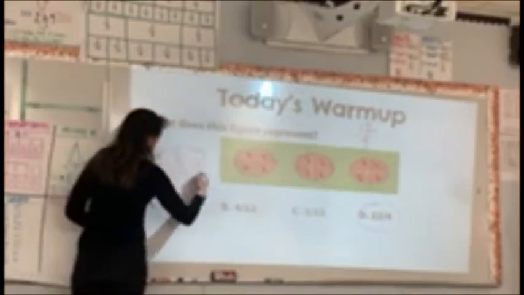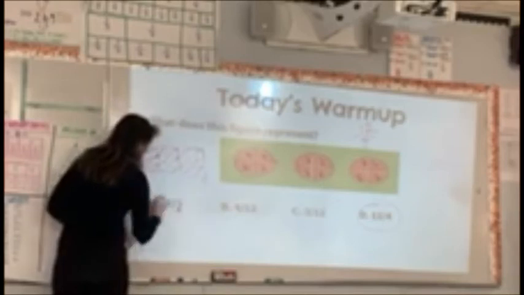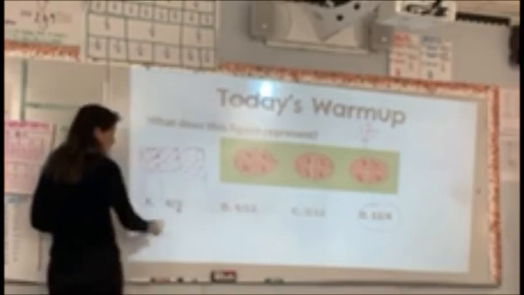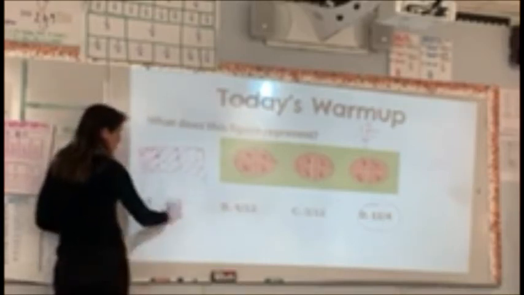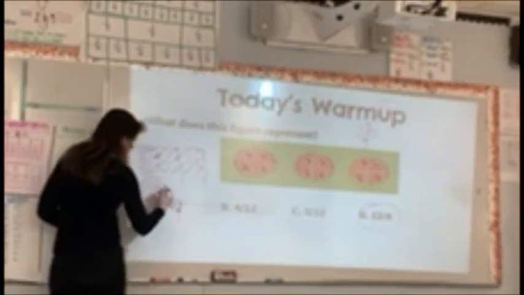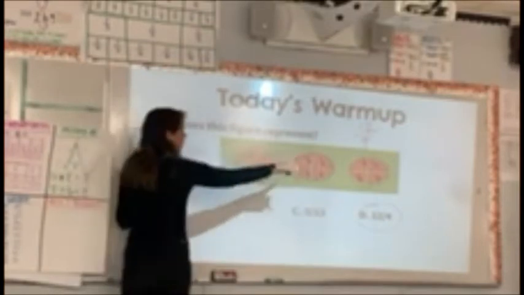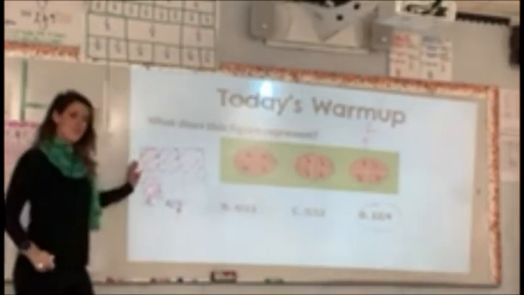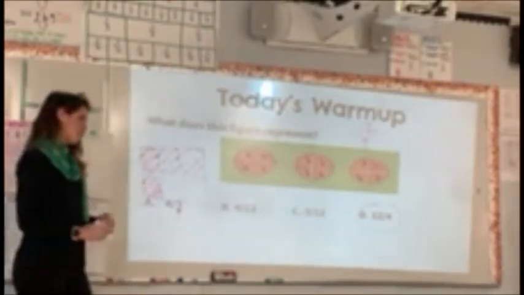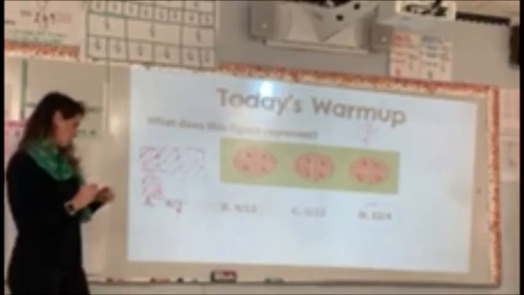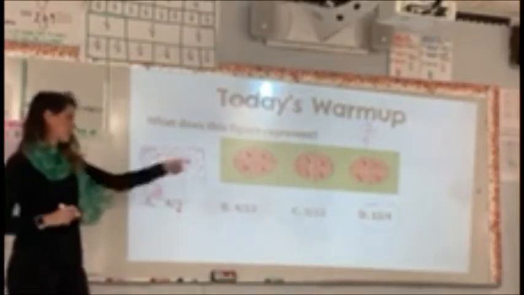Well, I only shaded 3. So that means I have to draw another whole. And again, it's only broken up into 3 parts according to my denominator. So now here I have shaded 4 pieces. Is that the 3 wholes that I had there? It's not. So that doesn't look like it. The only answer choice that makes sense is 12/4.